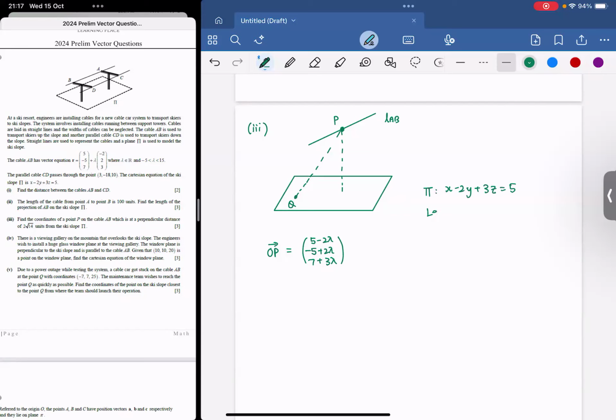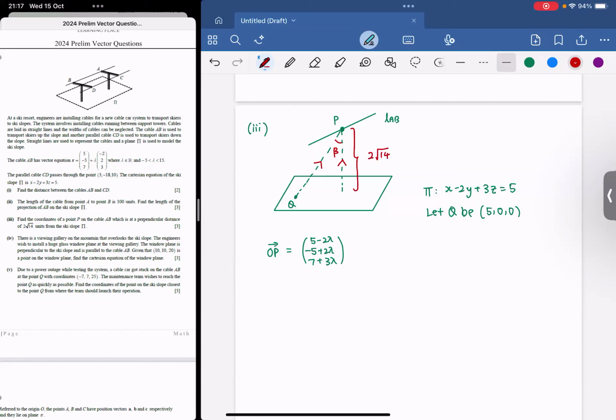So I let Q be (5, 0, 0). That's the easiest you can come up with. From here, you see I need to identify which two direction vectors I have. I have this direction vector and this direction vector, which means this is the angle that I will have. I call it beta. And you also know that this length is 2 square root 14.